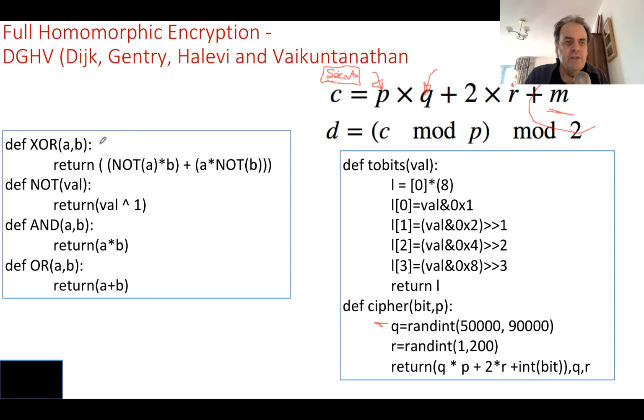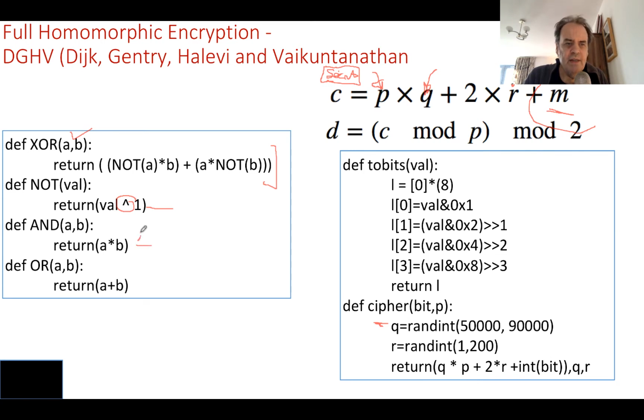The basic functions: XOR is not A and B, or A and not B, so it's a basic adder. Remember, we're only really interested in the least significant bit. For a NOT, we invert the least significant bit.